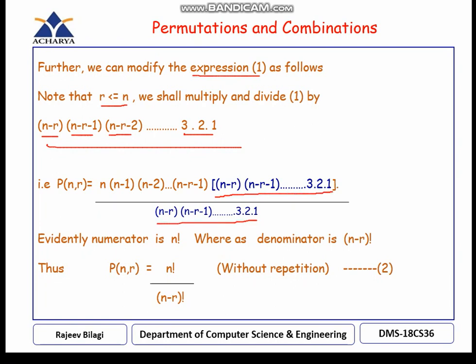The numerator, n into (n minus 1), (n minus 2) up to (n minus r plus 1), multiplied with n minus r factorial, would be n factorial. So I can write P(n, r) as n factorial divided by (n minus r) factorial, without repetition.